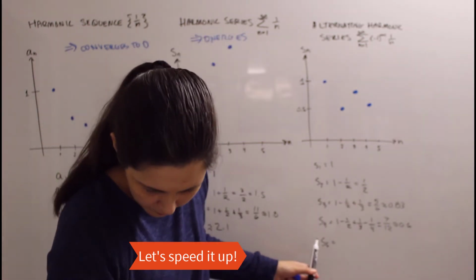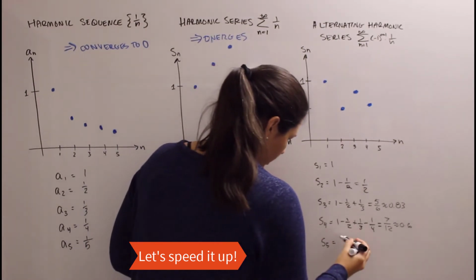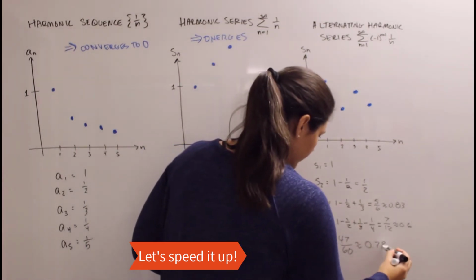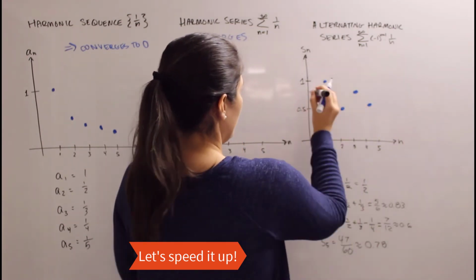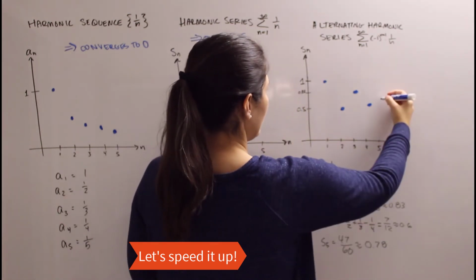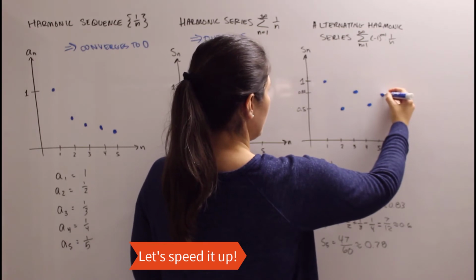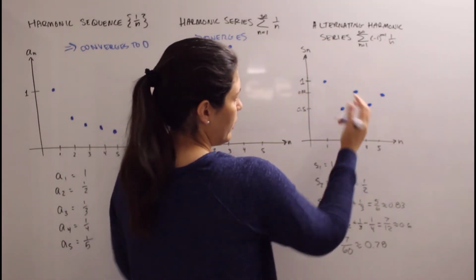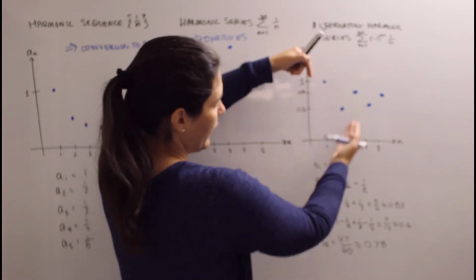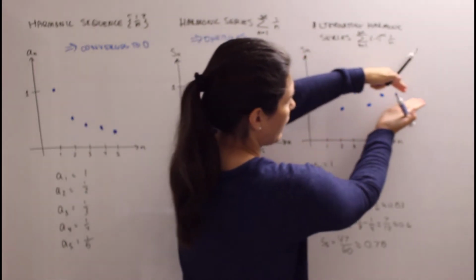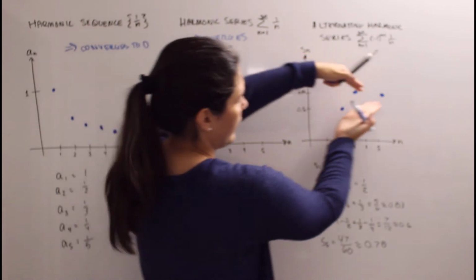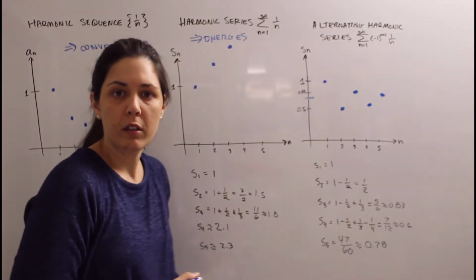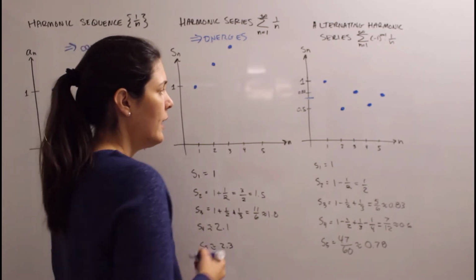And let's do one more. For 5, the fifth partial sum, I got 47/60, which is about 0.78. Remember the previous one was about 0.83, so 0.78 is about right there maybe. What's happening is this series is converging. Notice where it's going. Even though it's alternating, it's actually converging. If we kept plugging in numbers, it's going to converge to some value on our y-axis.